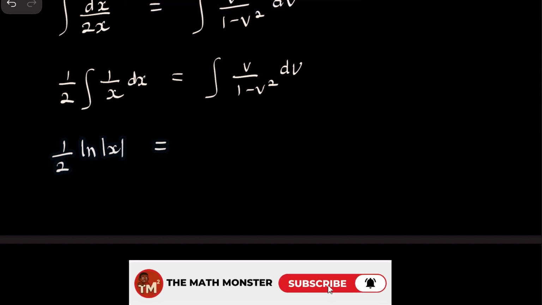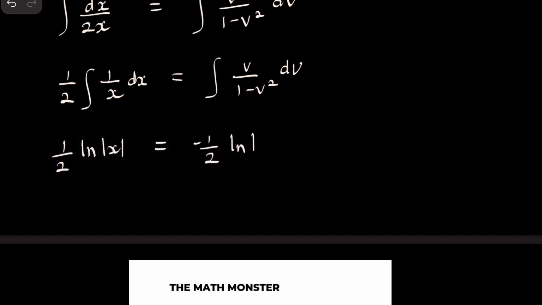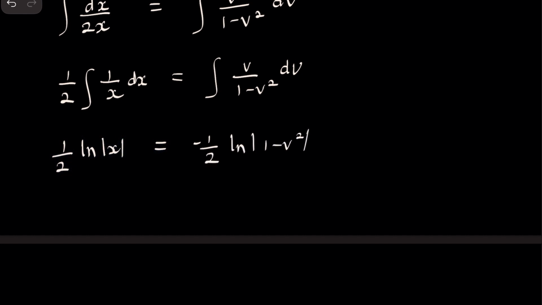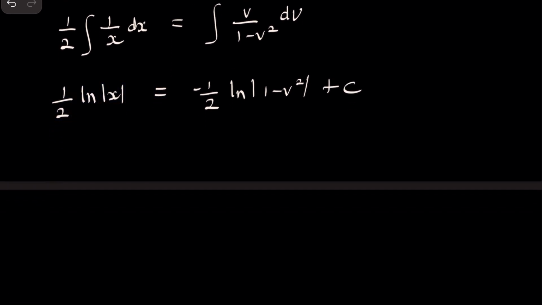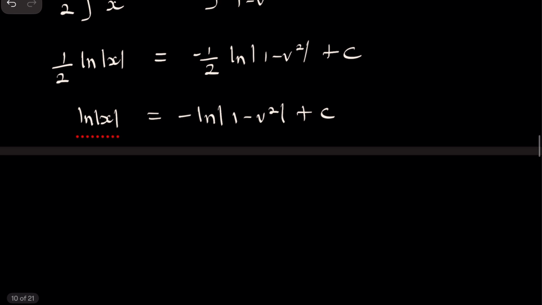Doing so, you have −1/2 ln(1 − v²) plus a constant c. Multiplying through by 2 gives ln x = −ln(1 − v²) + 2c, which is still a constant, so you can write c.